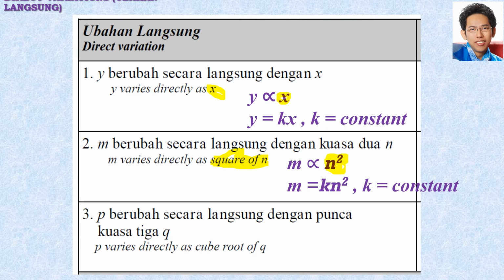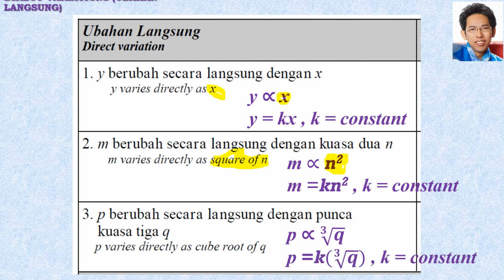So number 3, p varies directly as cube root of q. Okay, p varies as cube root of q. So p and q are our variables, but we want the cube root of q.